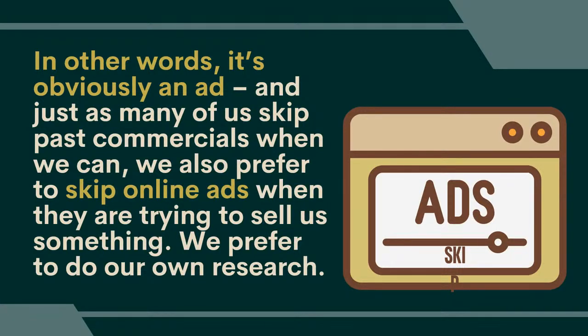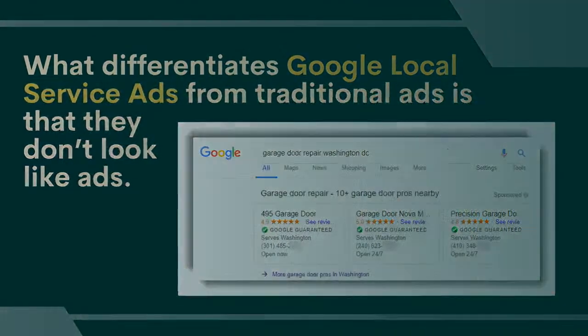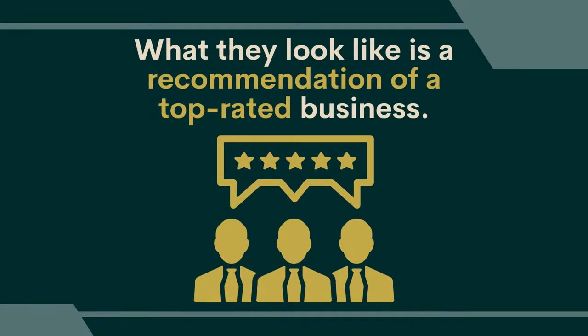And just as many of us skip past commercials when we can, we also prefer to skip online ads when they are trying to sell us something. We prefer to do our own research. What differentiates Google local service ads from traditional ads is that they don't look like ads. What they look like is a recommendation of a top-rated business.